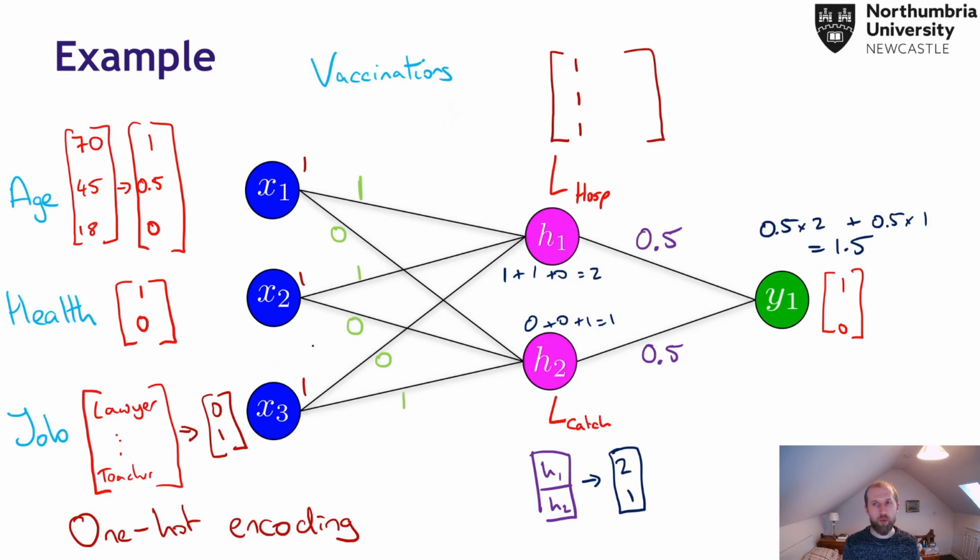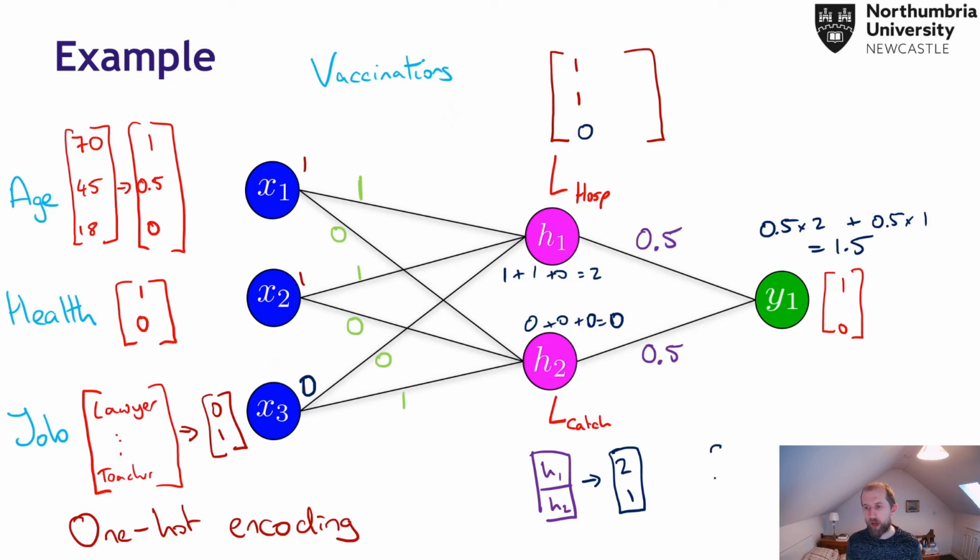So now if we've got a 70-year-old who has asthma, who's a computer scientist or a lawyer, and this becomes 0, the calculation for this is going to be the same, because this has now become 0, but this is going to become a 0, so this will become a 0. So for the second person, it's going to be 0.5 times the second person.